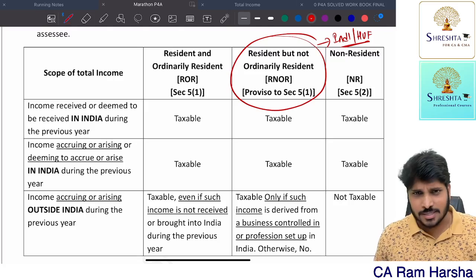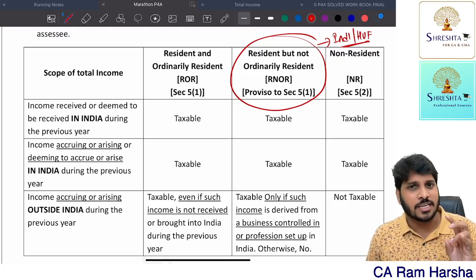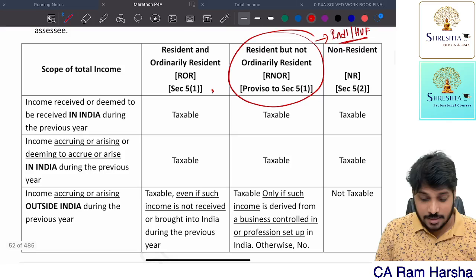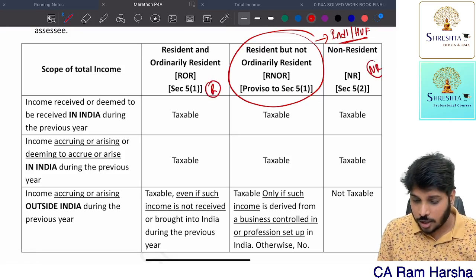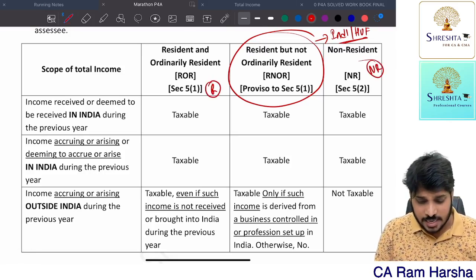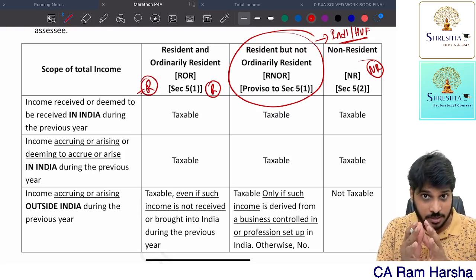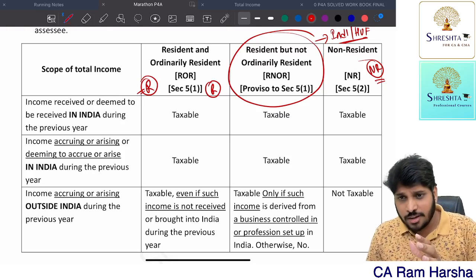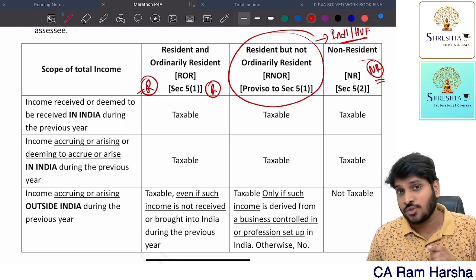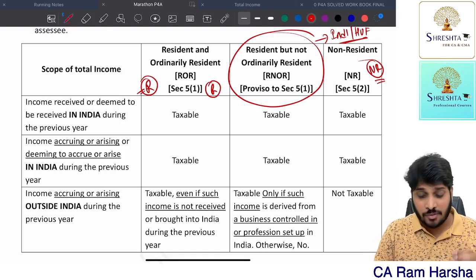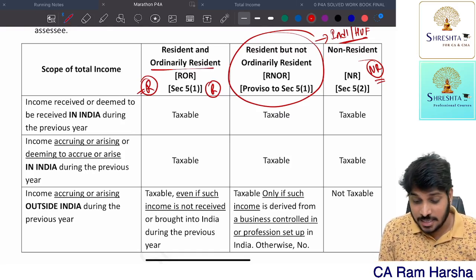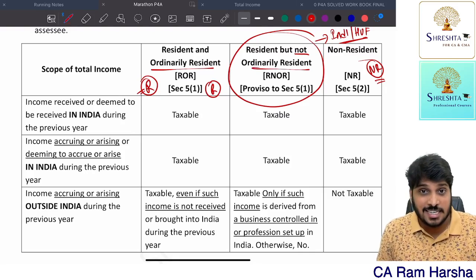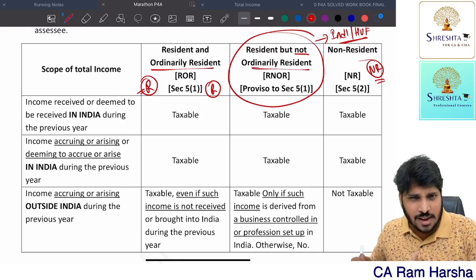For all other assessees, company, partnership firm, local authority, society, for everybody, either they are resident or they are non-resident. That's it. If they are resident, we classify under the first part. If they are non-resident, the third part. The middle part is only for individuals and HUF. How to identify whether they are ordinarily resident, not ordinarily resident, or non-resident, we'll discuss a little while later.